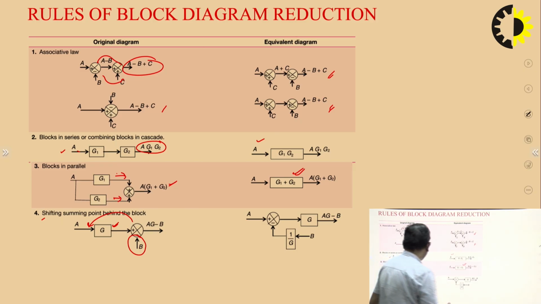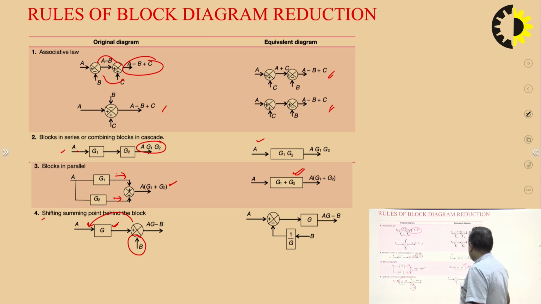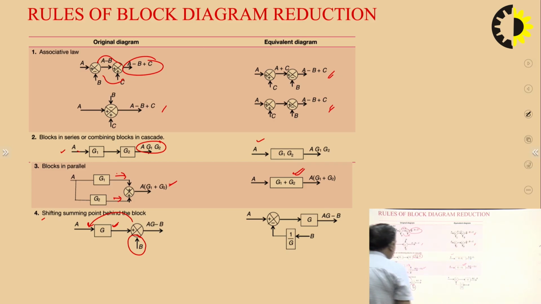Okay, so you can see here when this summing point moves over here, then this is multiplied by, you can say, 1 by G. So whenever this happens, you will have to multiply by 1 by G here. Okay. So that you will get the same output, AG minus 1 by G times B.